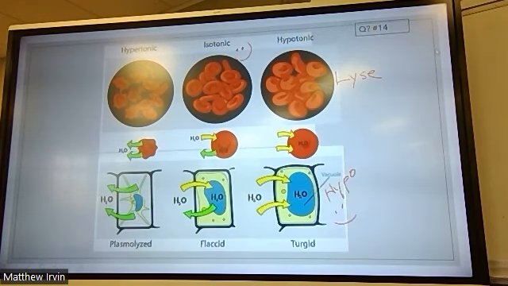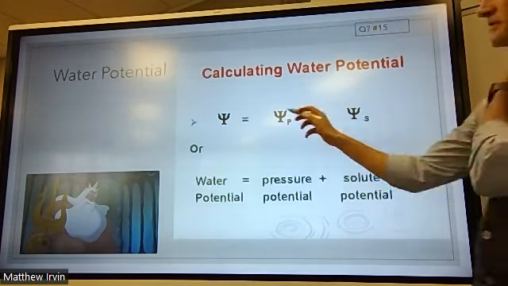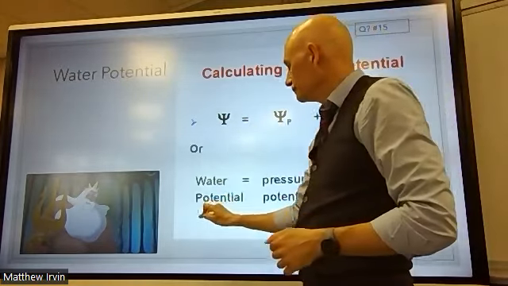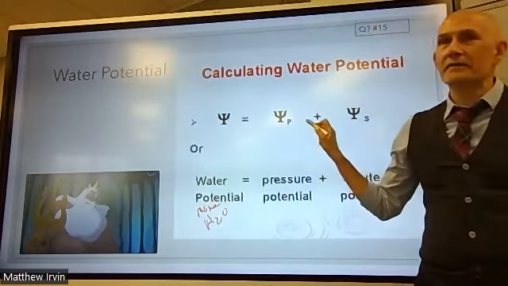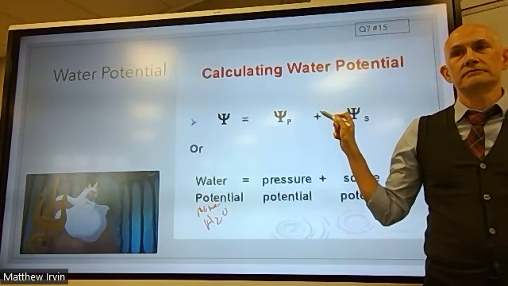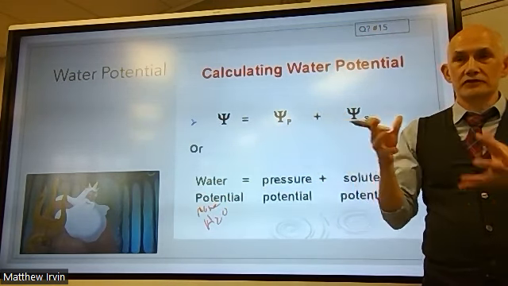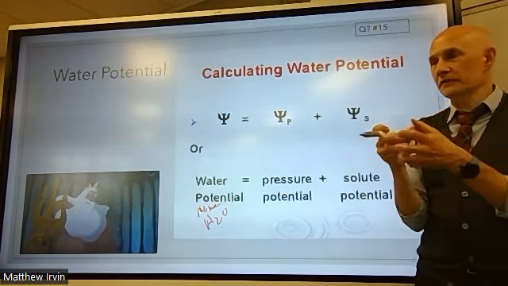So what's our rule? Water follows salt. Okay, so that gets us into our water potential equation. So basically, water potential is going to determine the movement of water. So what's going to happen if it's higher pressure? Water is going to move towards or away from the pressure? Away. So if you're squeezing a balloon, the water moves away from the pressure.